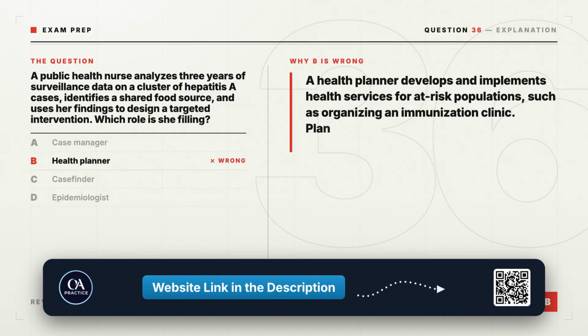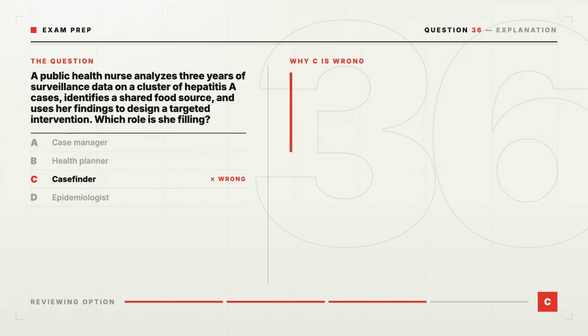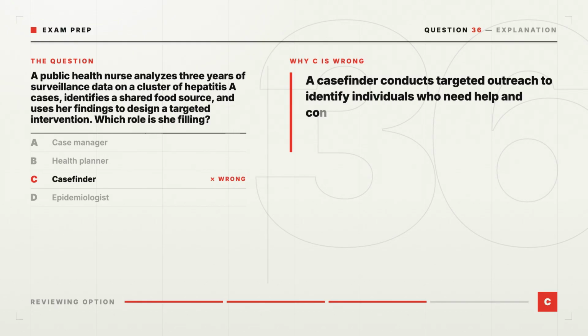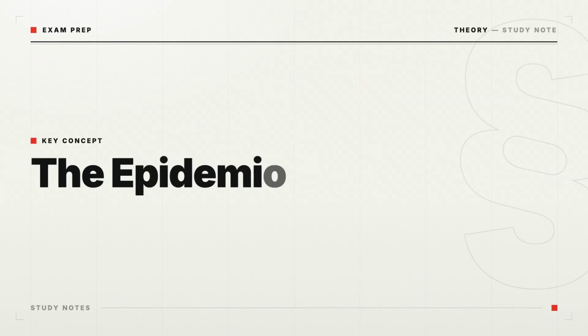Planning follows once the cause is known, but the analytic work described here is the epidemiologist's. C is wrong because a case finder conducts targeted outreach to identify individuals who need help and connects them to care. That is field outreach to people rather than analysis of population data.